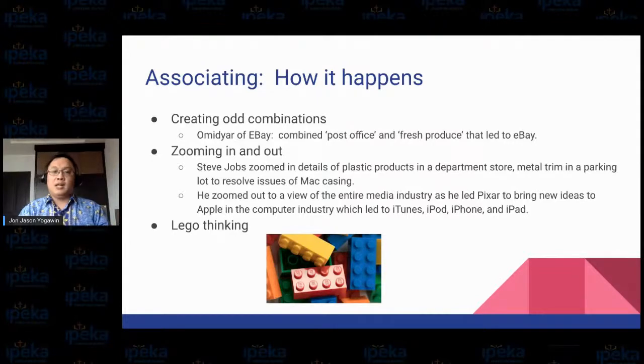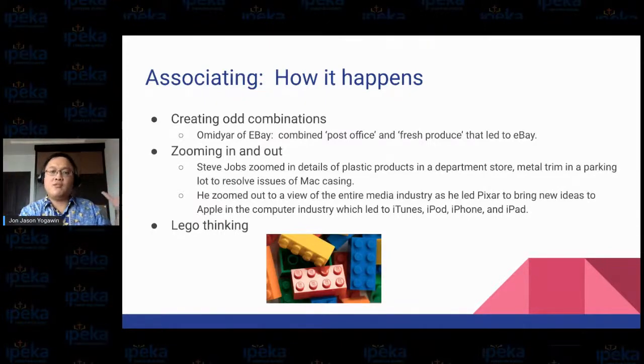Okay. Then there's zooming in and zooming out. Innovative entrepreneurs often exhibit the capacity to do two things at once. They dive deep into details to understand customer experience, and then they go out and try to see the bigger picture.